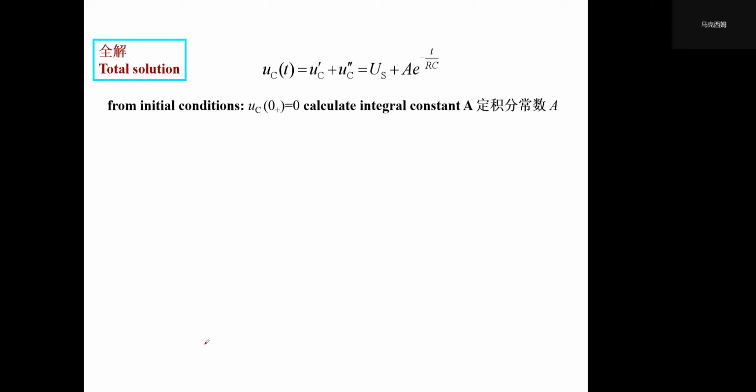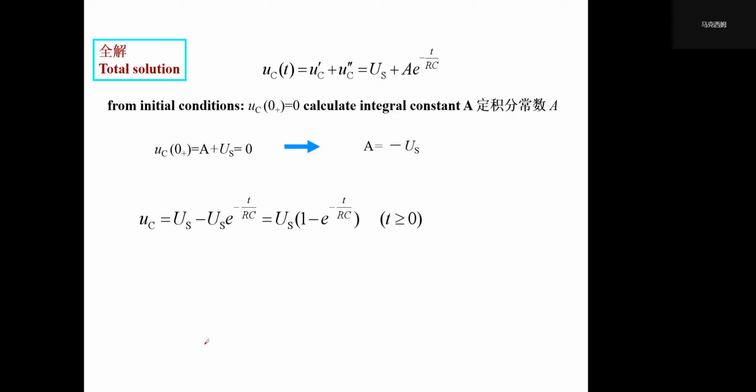From the initial condition, UC(0+) equals 0, we can calculate the integral constant A. We know that UC(0+) equals A plus US equals 0, and so A equals minus US.